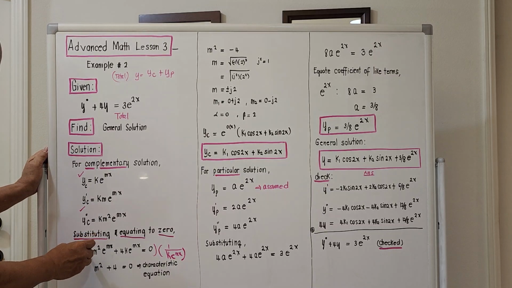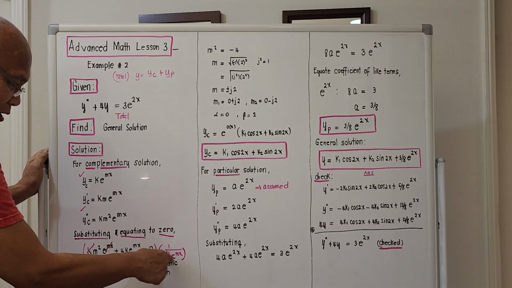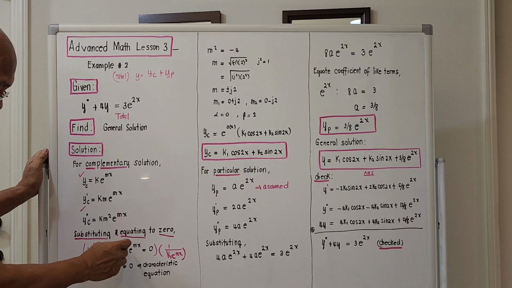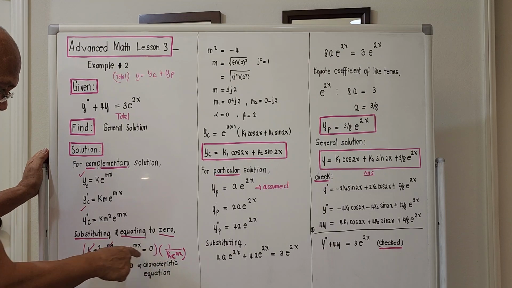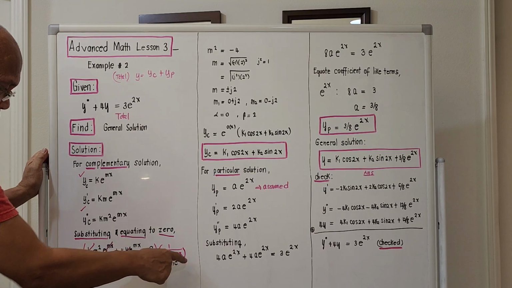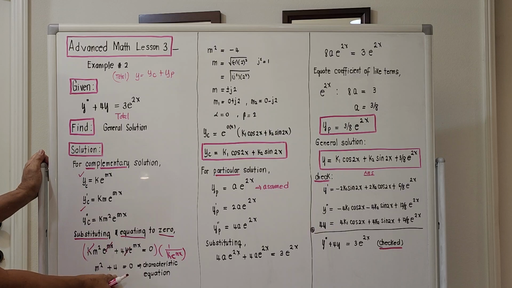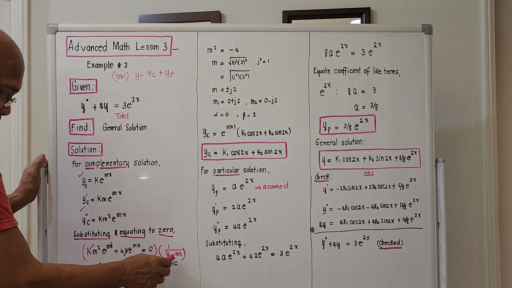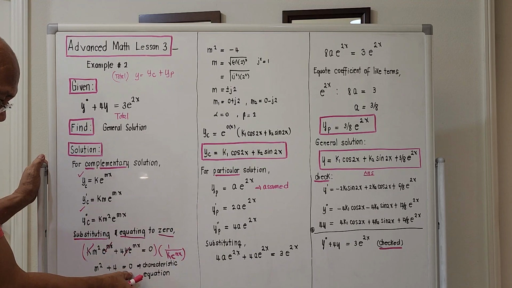So this one here and this one cancel with the one at the bottom. What remains on the first one will be an m square. For the second part, this k here cancels and this e to the mx cancels. So what remains will be plus 4. For the right hand side, 0 times 1 over k e to the mx is still 0.